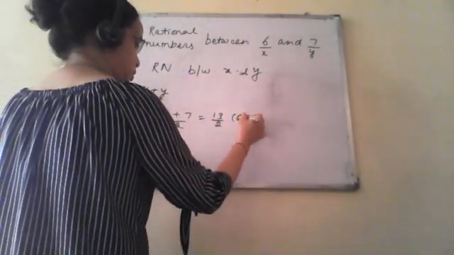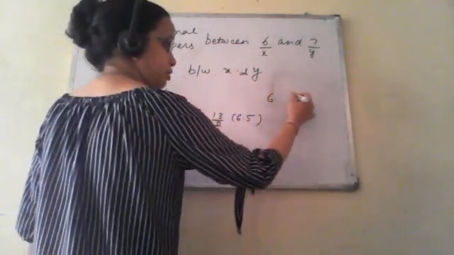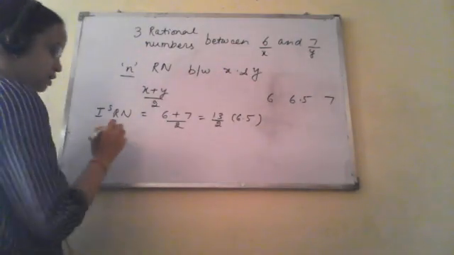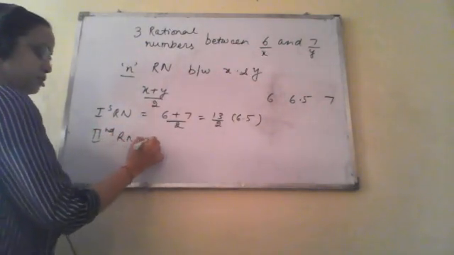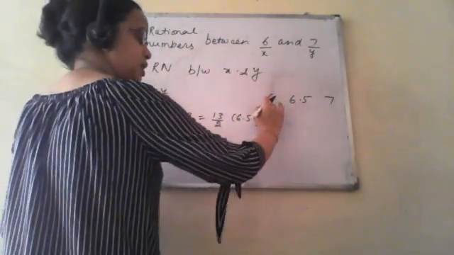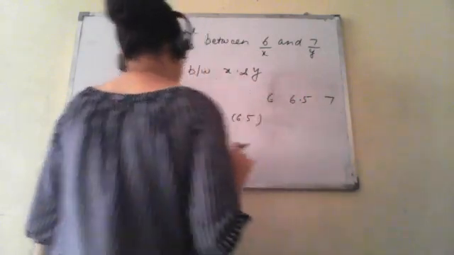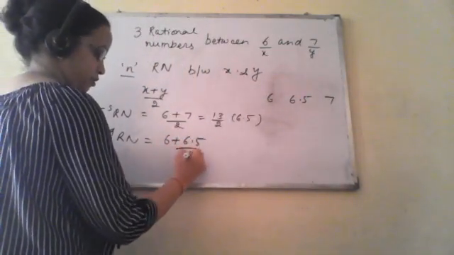The value is 6.5. Now this 6.5 lies between 6 and 7. Clear? The second rational number we can find either between 6 and 6.5, or between 6.5 and 7. So first we will find between 6 and 6.5.